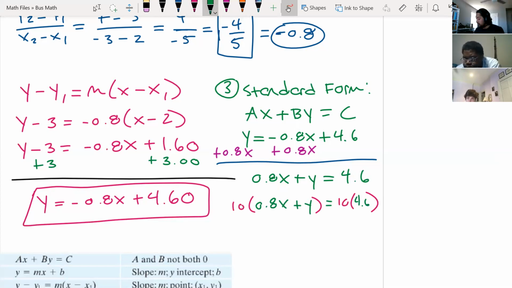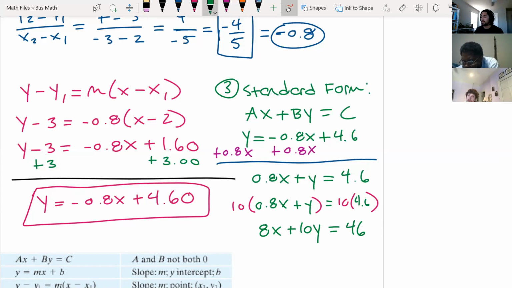And what we're going to end up with is, well, what is 10 times 0.8? 8. 8x plus 10y equal to, and what is 10 times 4.6? 46.